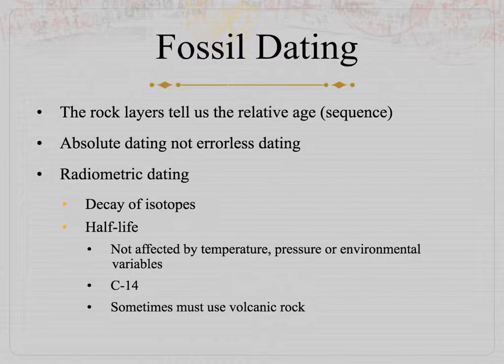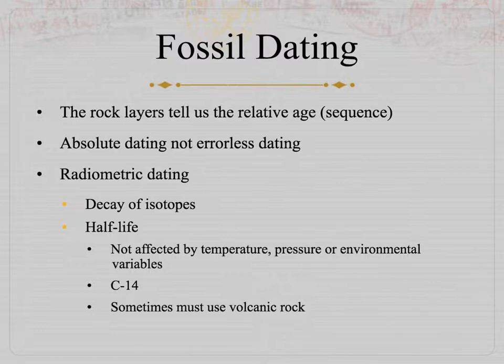So it would be kind of like peeling off wallpaper in an old house. You can infer that the first layer of wallpaper you pull off was the most recent to be put on the wall. And then when you keep getting down and down and down and you get to the actual wall itself, then you know that that had to be put in first or laid down first.